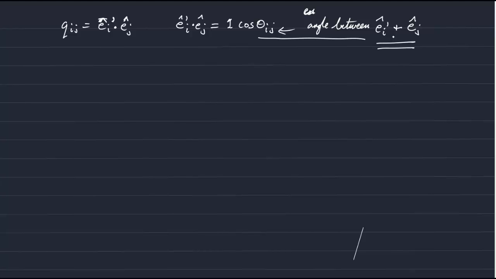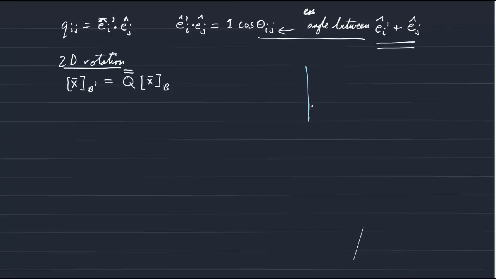Okay, so let's look at a case of 2D rotation. And so we have x described in the transform system being equal to Q, our transformation matrix, times x described in the reference system.